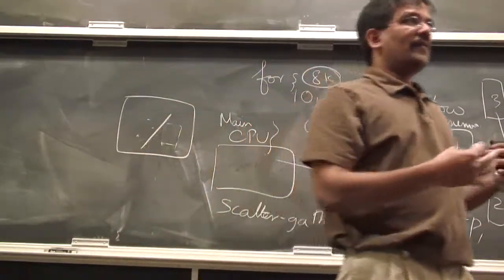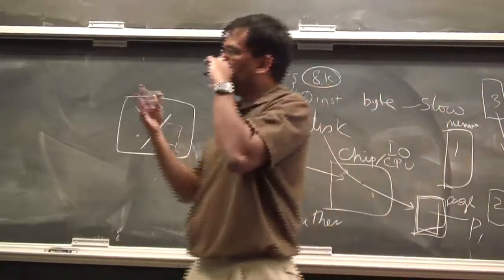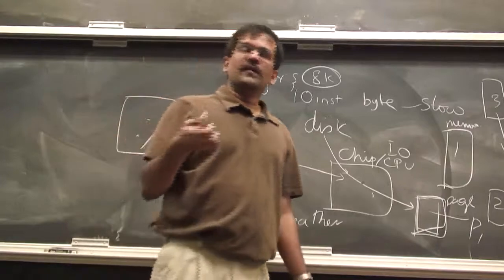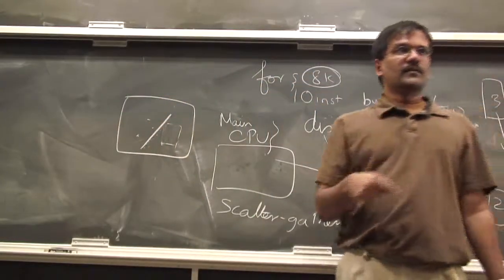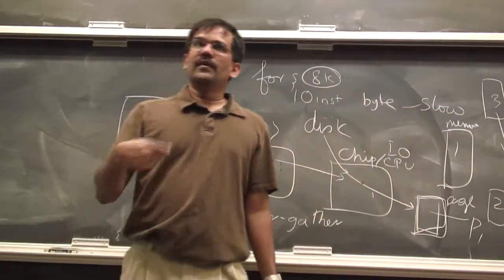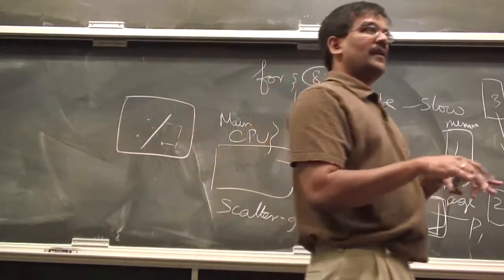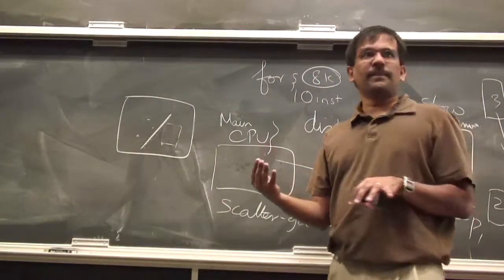So there are a number of different ways of doing I/O depending on the kinds of devices you have, right? One of the two access types is character stream, or stream processing mode, or block. If you're reading your keyboard, it's a character stream mode because it comes one character at a time.